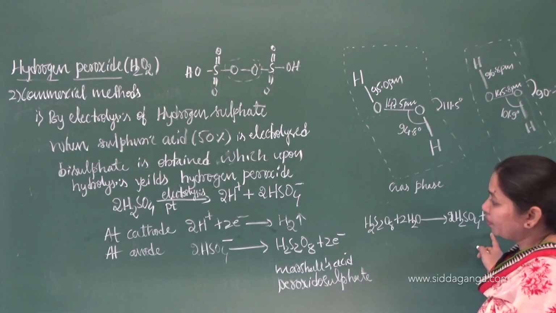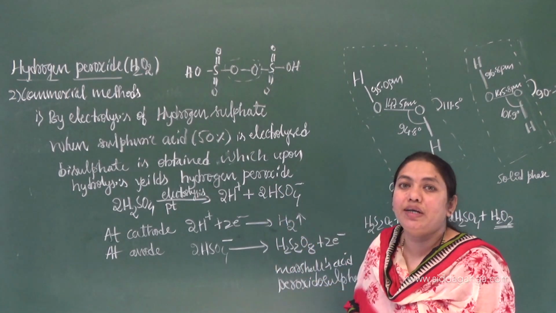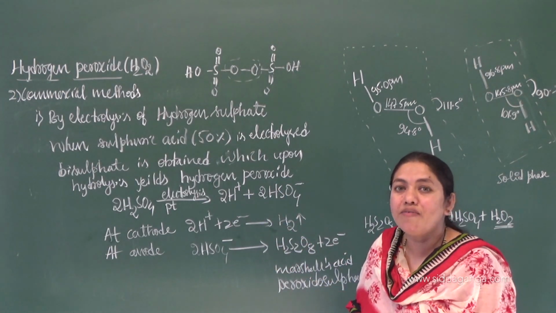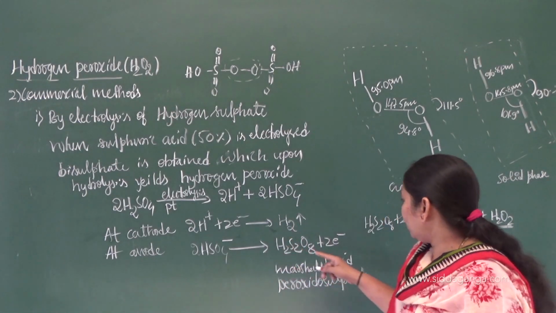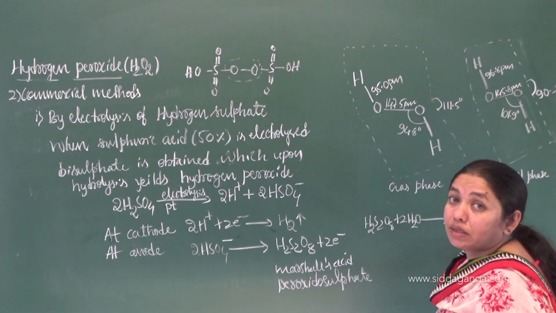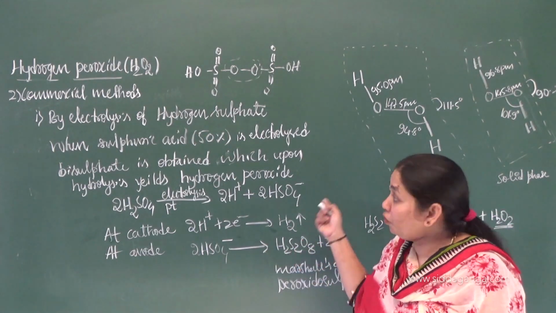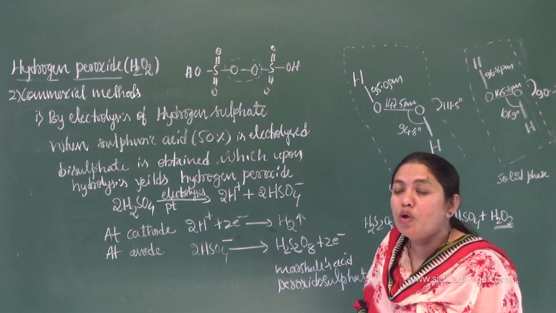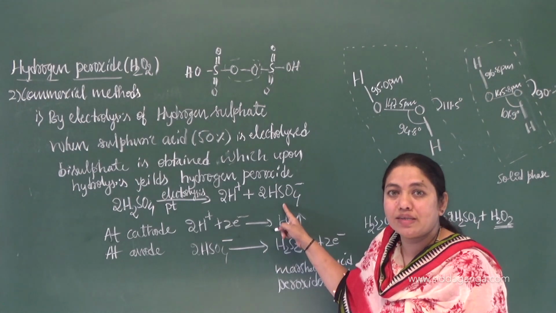So where is it formed? It is formed at the anode. So in case of concentrated sulfuric acid, the products are hydrogen peroxide and hydrogen. But if you take dilute sulfuric acid, you are going to get 2H plus plus SO4 2 minus, right?